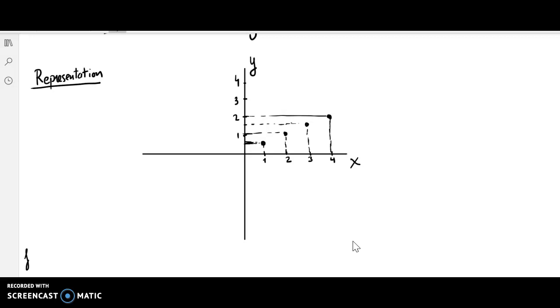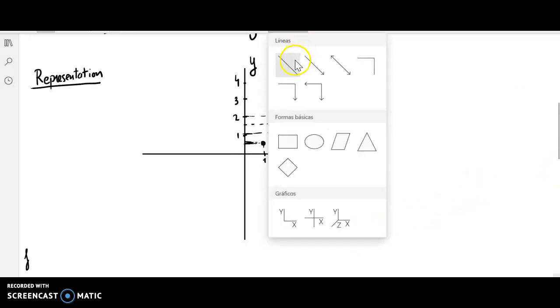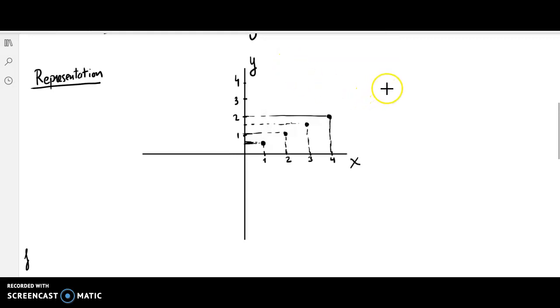In this function, you can join the points with a straight line. So I'm going to make the straight line, and this line needs to cross the 0, 0, the origin. Okay, more or less. It's not perfect, I know. So I'm going to make the points bigger.